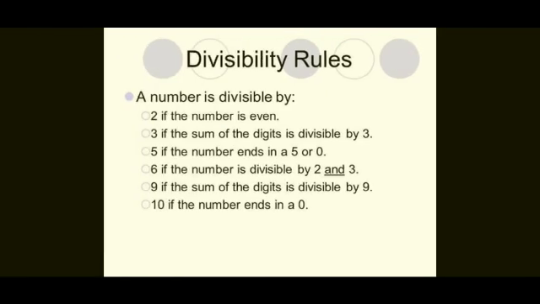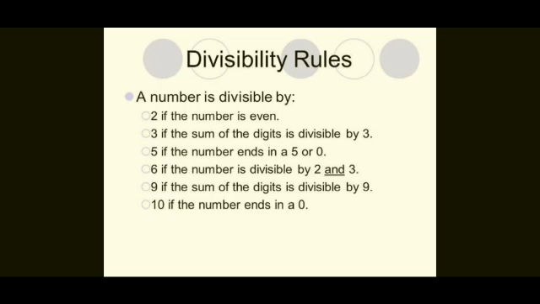So let's recall divisibility rule. 2. First one 2. The last digit is even. 3. If the sum of the digits is divisible by 3. 5. If the number ends with either 5 or 0. 6.